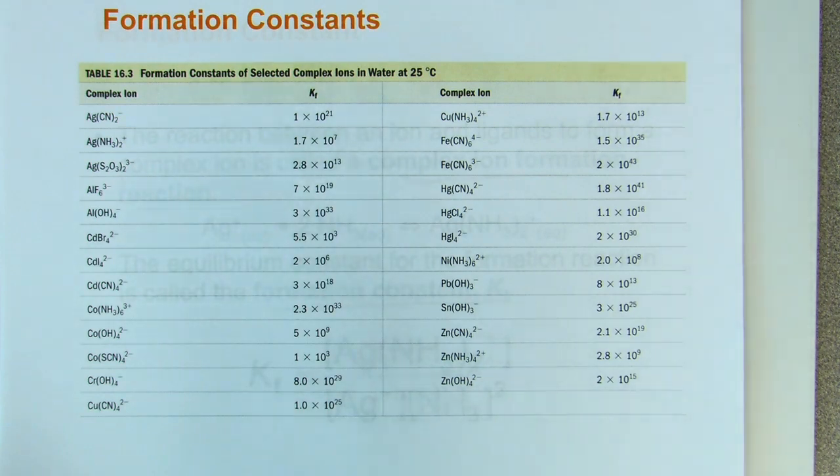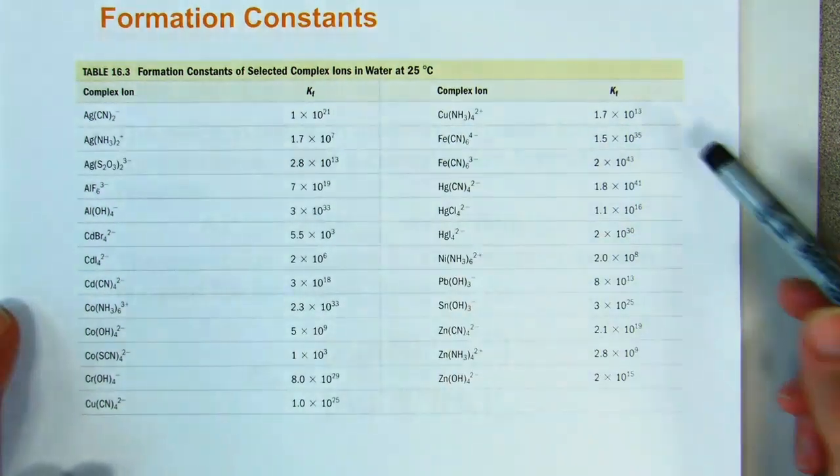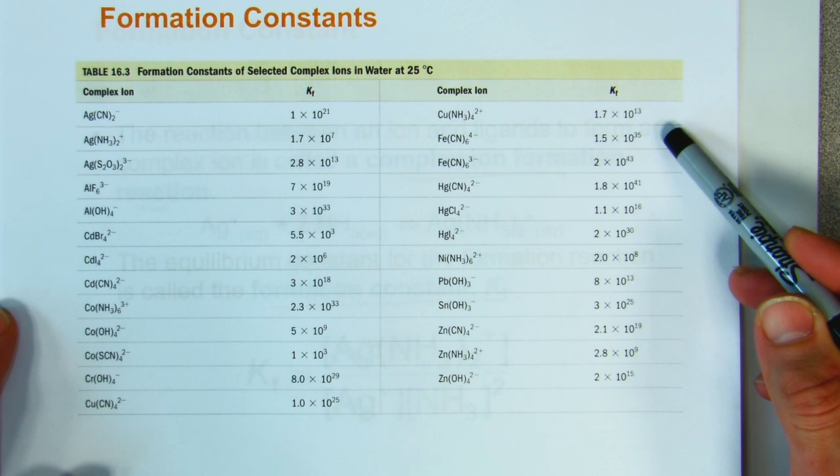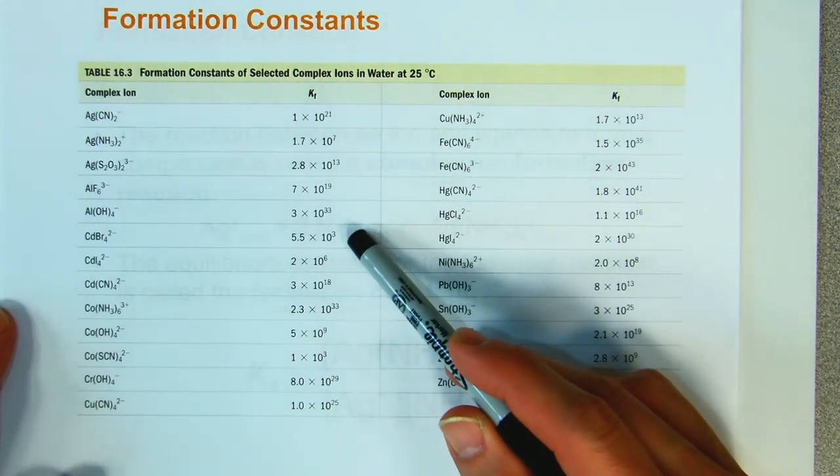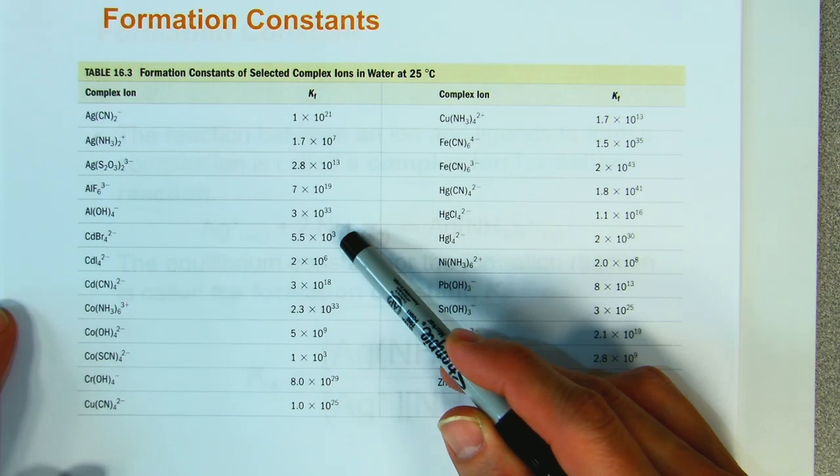Usually the problem that you face will point you in the right direction in terms of which complex ion you're talking about. But all these complex ions, they're different substances. They have different tendencies to form. Some of them have humongous Kf values, right? 10 to the 21st, 10 to the 35th. Other complex ions form less readily. 10 to the 3rd for this one is the Kf value, okay?